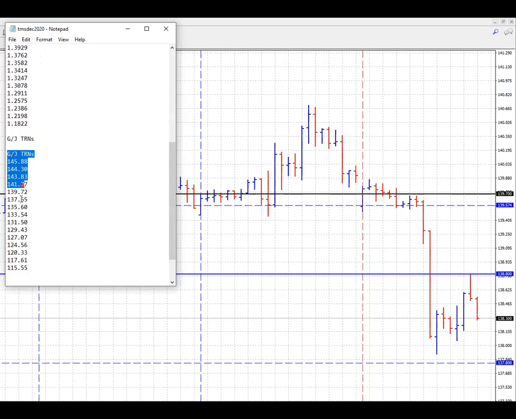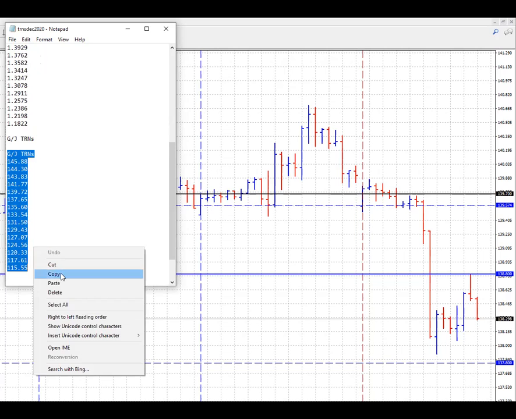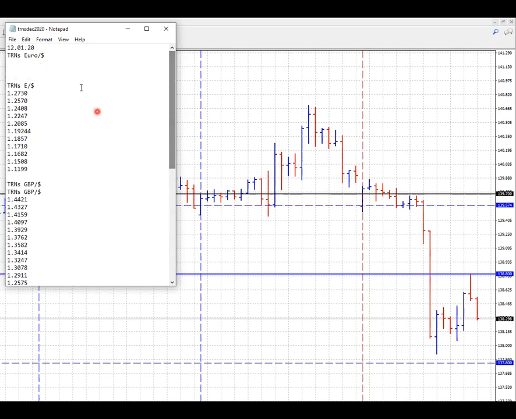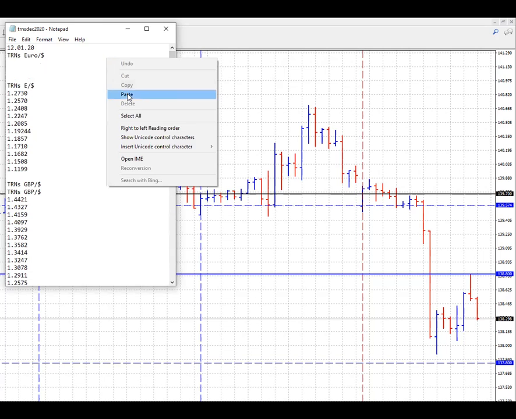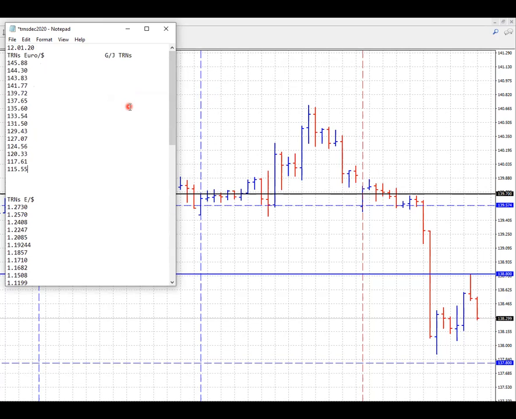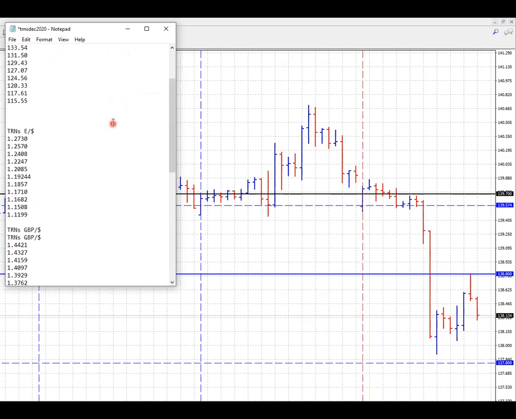I can copy it and see if we can paste it. Okay, so they came over here. I mean, sterling yen. Yeah, these are sterling yen. It didn't really help much, because then I just put the sterling down there.